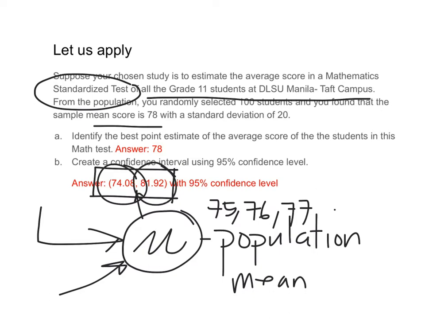And this number could be as high as 81, as we can allow numbers up to 81.92. It could be 81 point something, but that number should not go beyond 81.92. So the essence of the confidence interval is that it gives us a range of what the true population score really is. We don't know exactly, but what we are sure about is that the population mean could only be from 74.08 to 81.92 with a 95% confidence level.